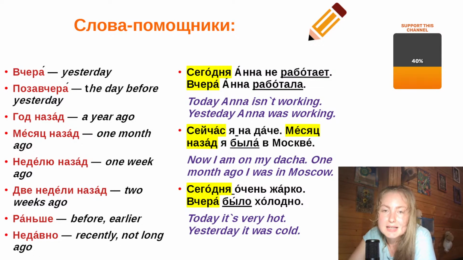Okay, and the last example here. Сегодня очень жарко. Today it's very hot. И вчера было жарко. Yesterday it was hot. Very interesting Russian sentences if we try to compare them with the English language.